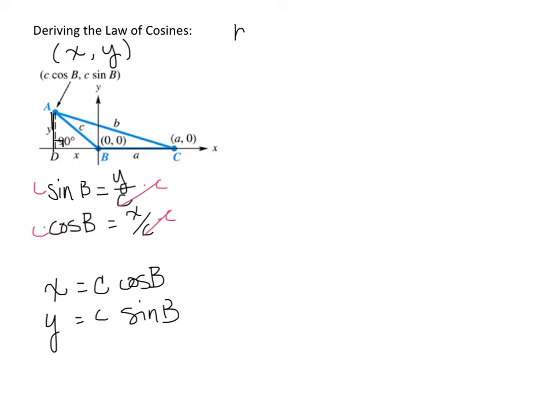So that gives me the square root of x1 minus x2 squared plus y1 minus y2 squared.